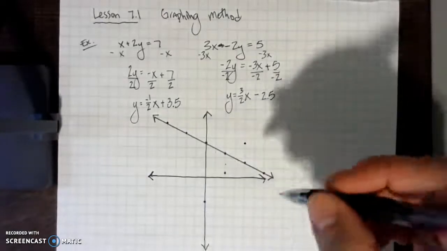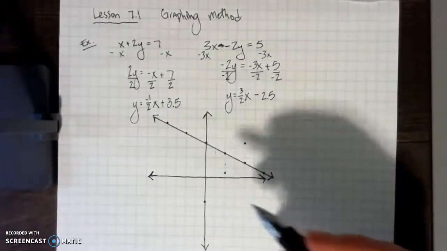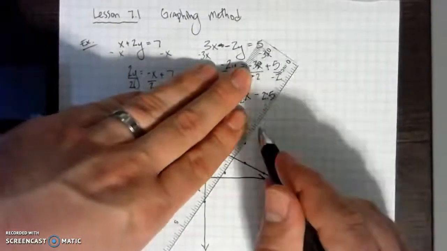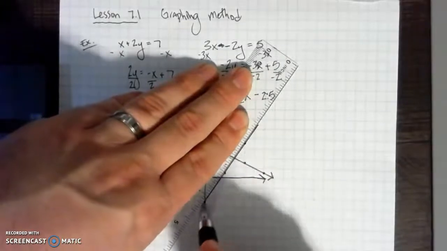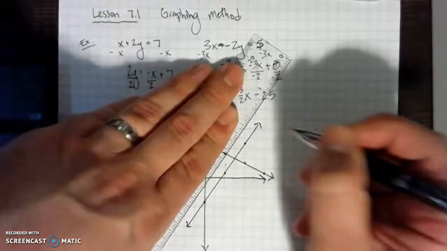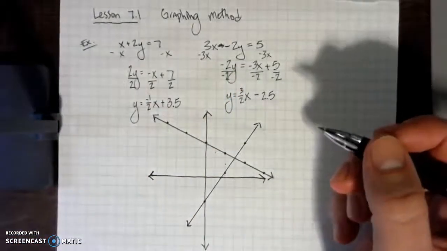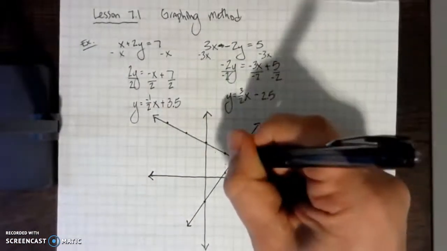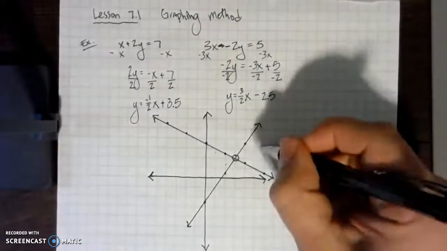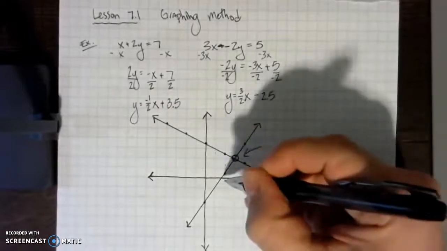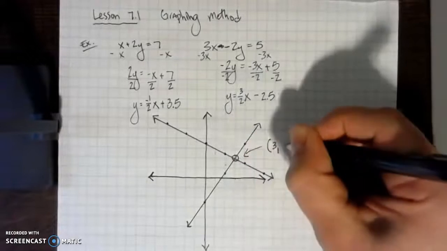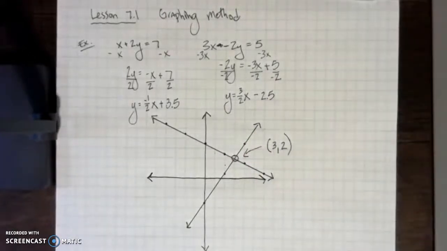And so we see there that these lines should intersect when I draw this line through it. And you see that they intersect here at this point, which looks like the coordinate point 3, 2: over 3, up 2.